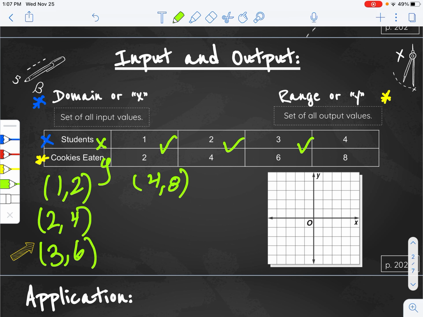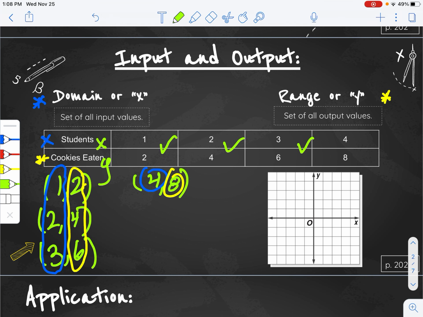Now when we list them this way as ordered pairs, our domain is each of these x values, our input, and our range is each of these y values. At this point, we are not creating a line or anything like that. We are just plotting the points.